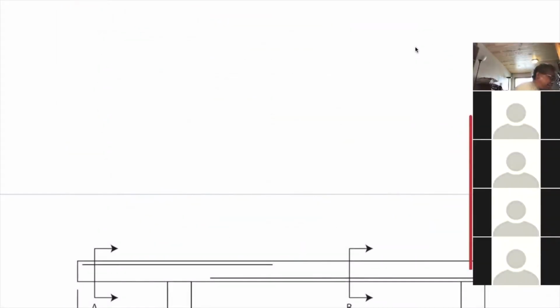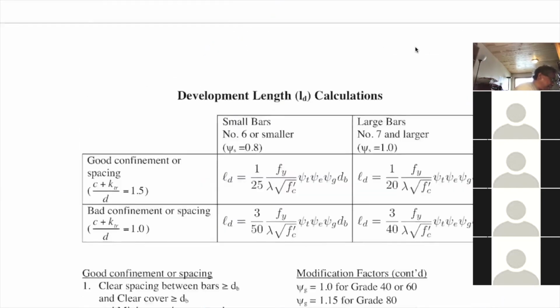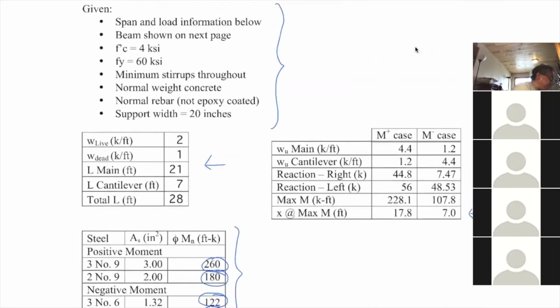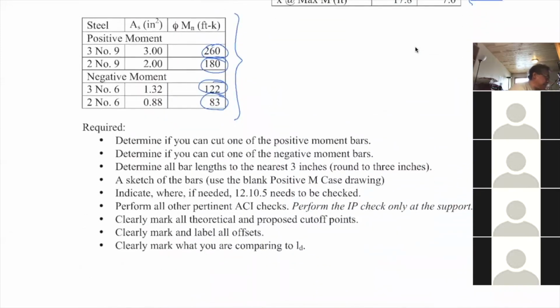Okay, so it's recording now. What we need to do is determine if we can cut one of the positive bars and determine if we can cut one of the negative bars.